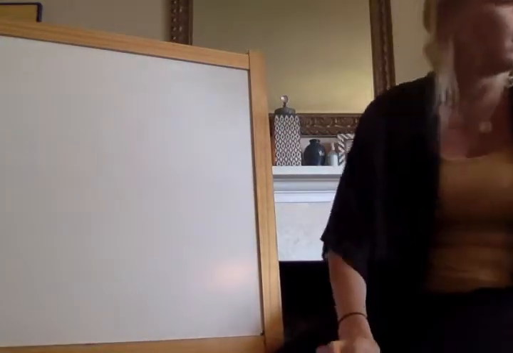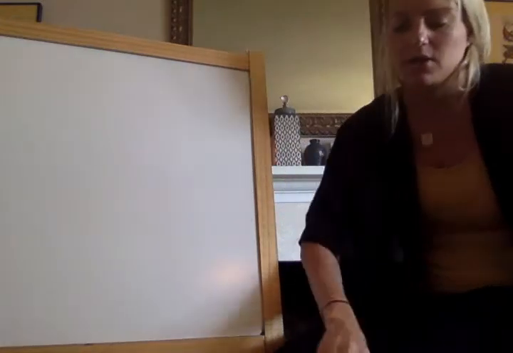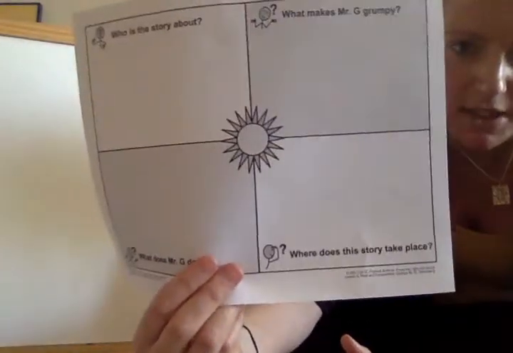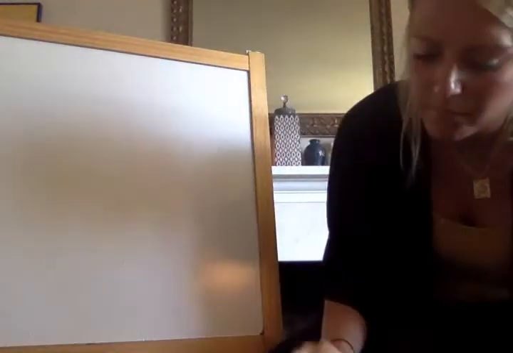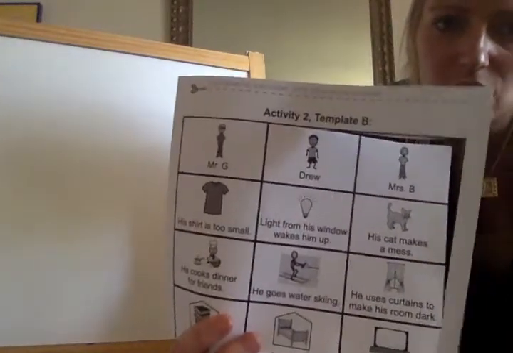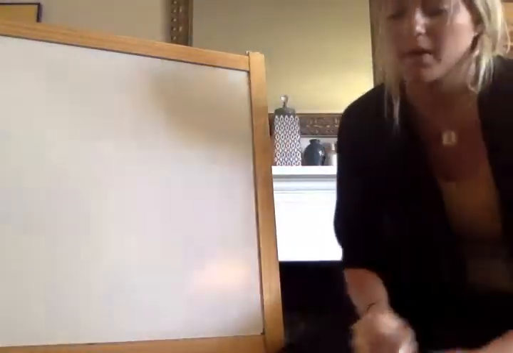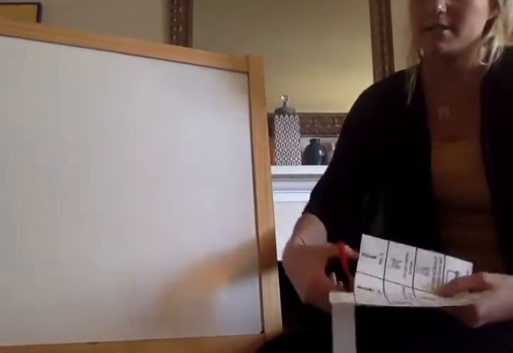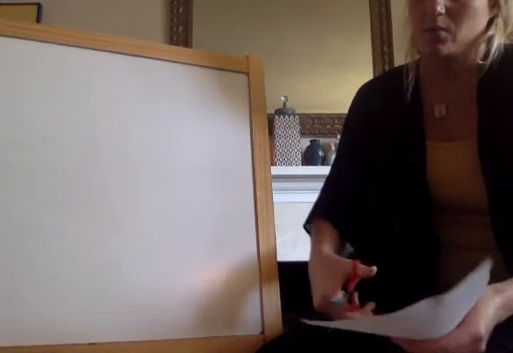In part 1 of your learning packet, you are going to see 2 pages. You need this page, it says Lesson 4, Template B. And then you're going to need this page, Activity 2, Template B. Please cut out the boxes with your child.